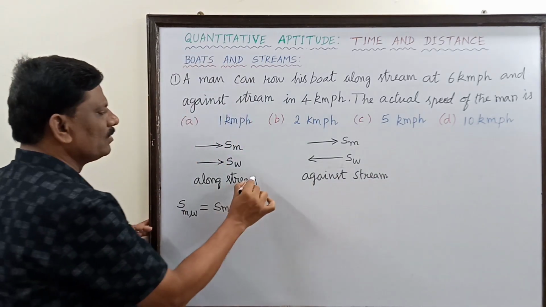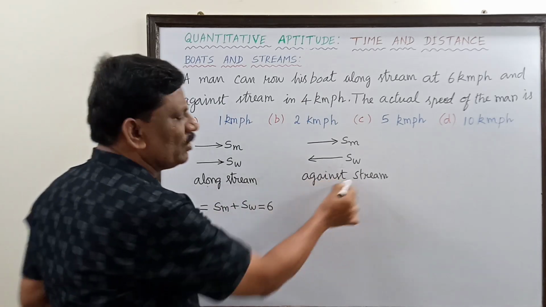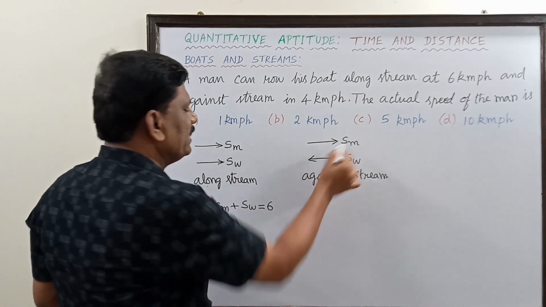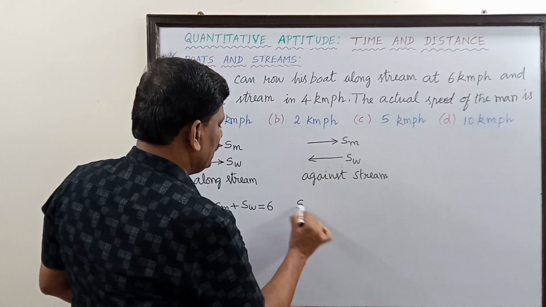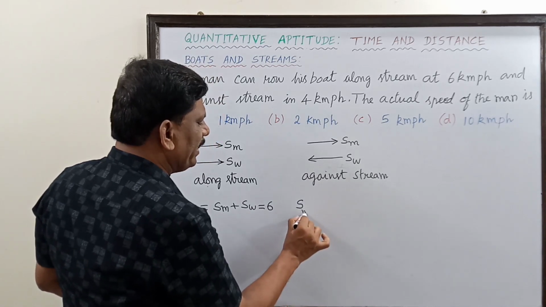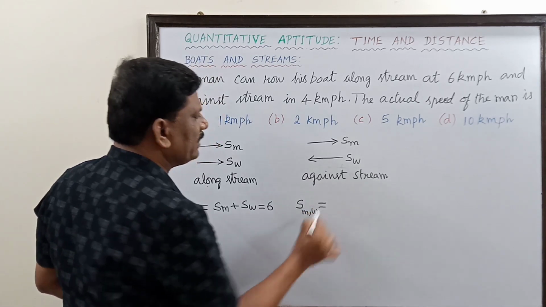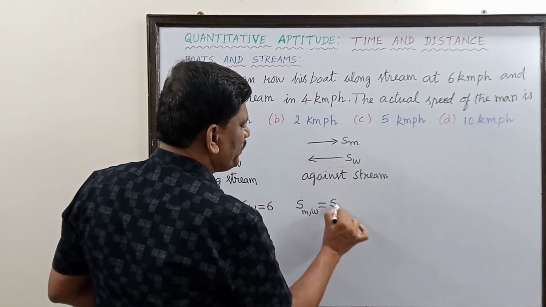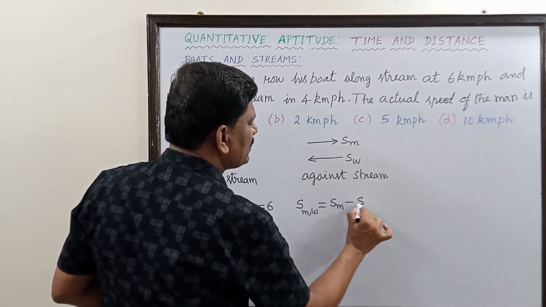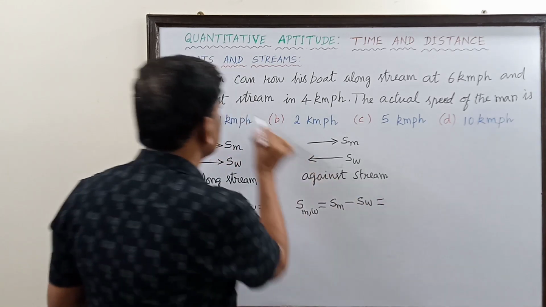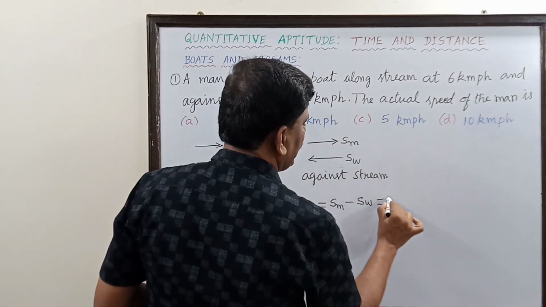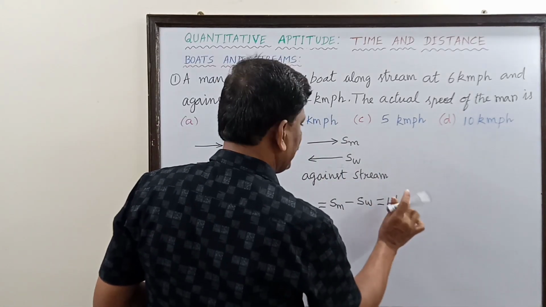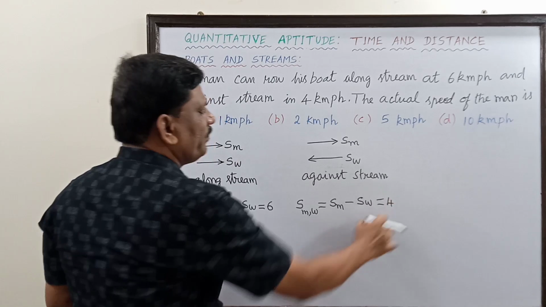This is also called downstream, and this is also called upstream. In this case the relative speed of the man with respect to water is equal to the actual speed of the man minus the speed of water, and this is given as 4 km per hour.